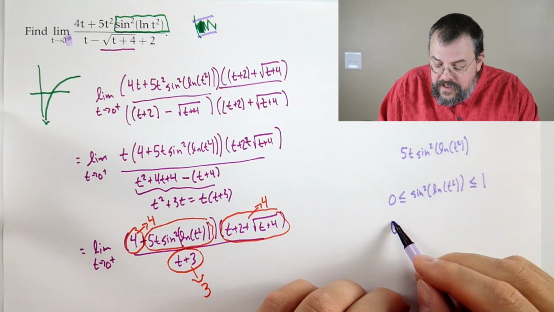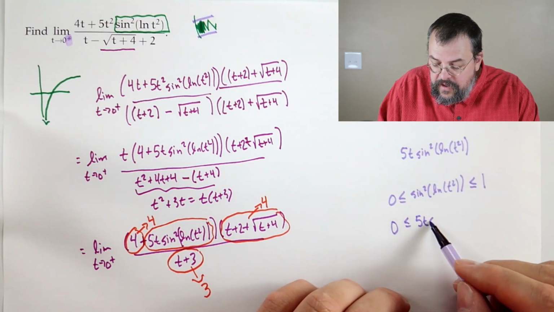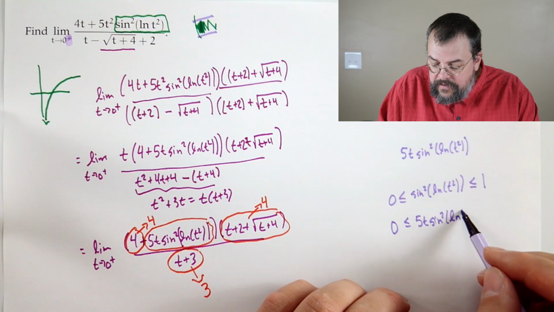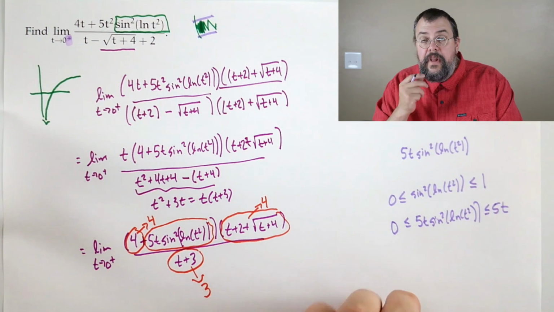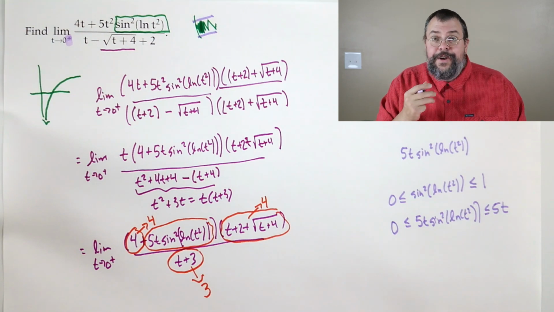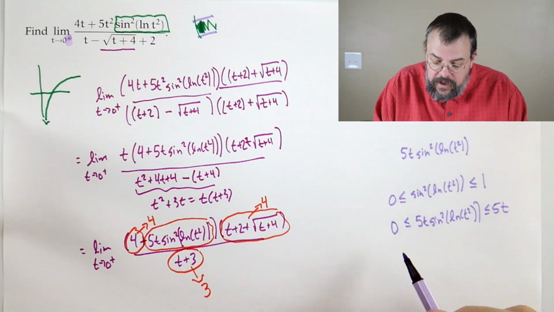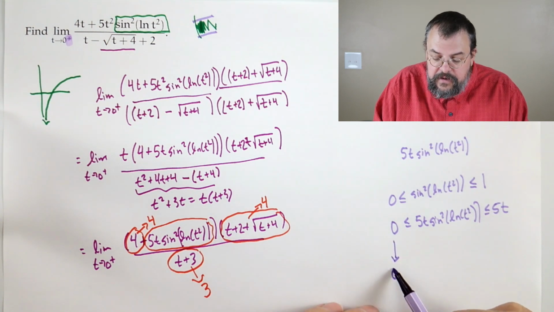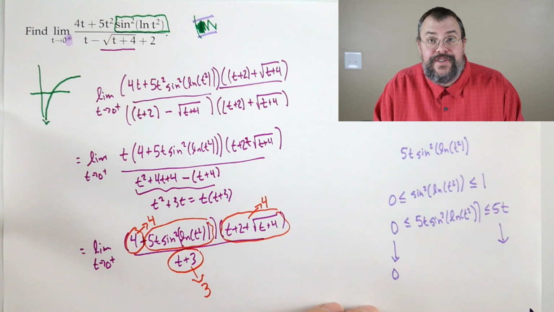So that says 0 is less than or equal to 5t sine squared log of t squared is less than or equal to 5t. Now we ask ourselves the question, what can we say about what happens as we head towards 0? Well, certainly 0 goes to 0. That's easy to spot. How about 5 times t as t goes to 0?